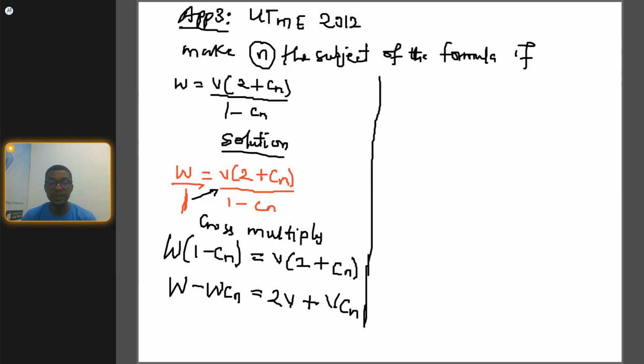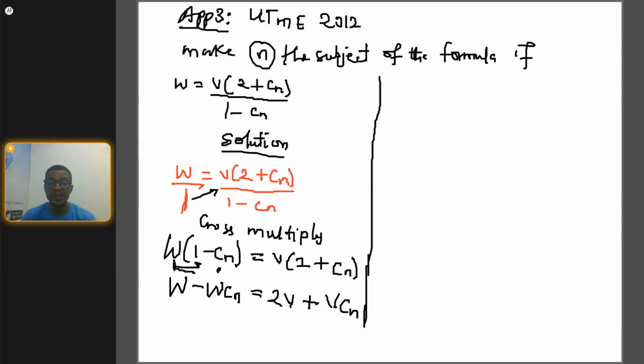Okay, let me come again. I was trying to open the brackets. Jane, follow us. I said W multiplied by 1. This W multiplied by 1 is what? W. Is that clear to you? And the same W again will multiply this Cn.